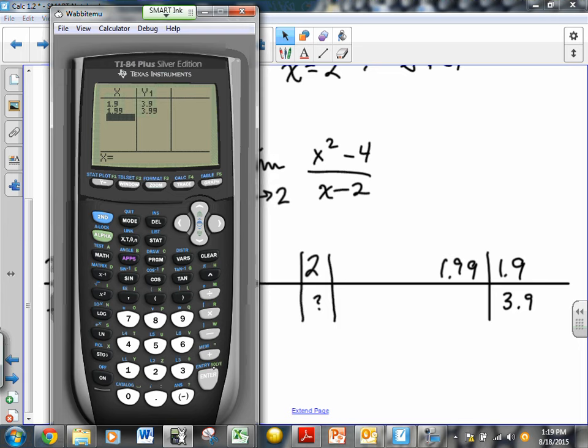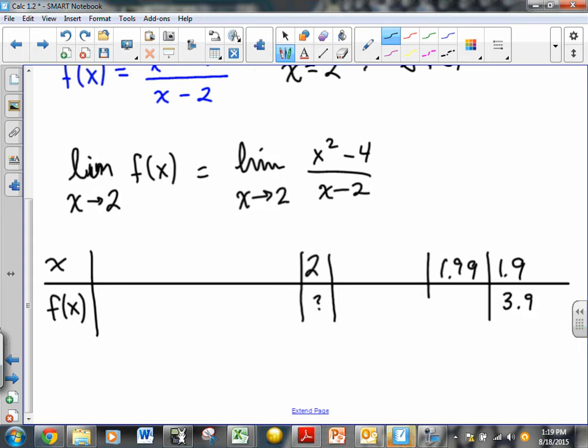And then if I get even closer, how about 1.999? I get 3.999. See what's going on there? As I get closer and closer and closer to 2, I'm getting closer and closer to an expected value.